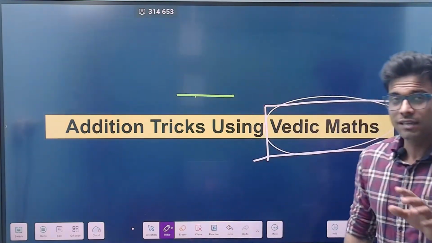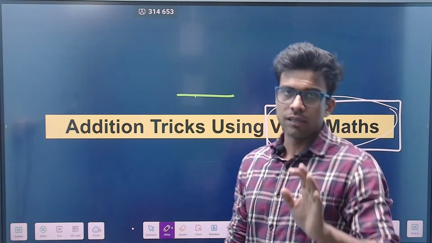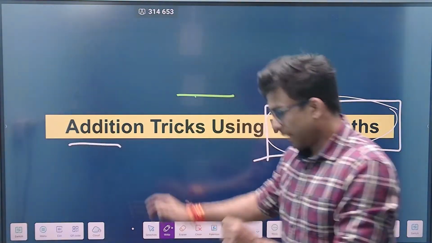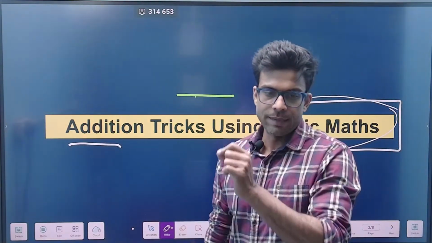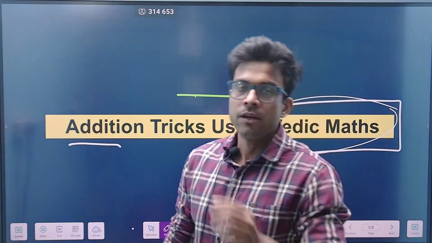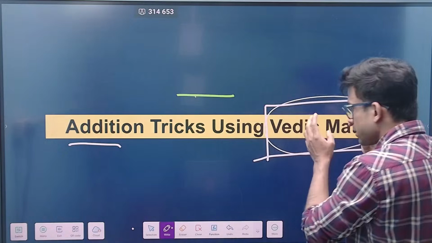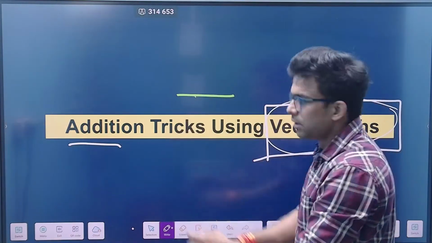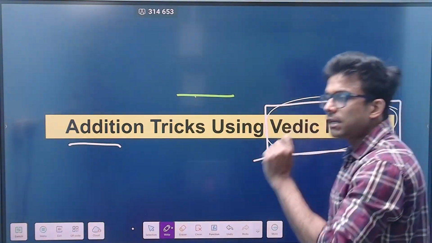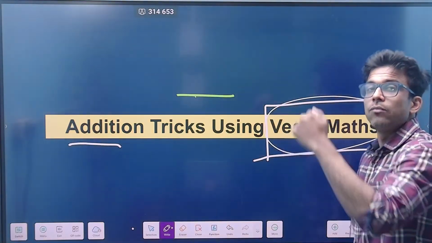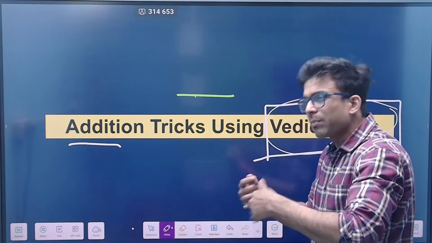So you should use this method very practically, and in every problem solving approach, if you get addition, then try using this approach. The same goes for subtraction as well. If I give you 20 sums to solve through Vedic maths, then try solving those 20 sums, and then I would say try some more problems and apply this in practical life.